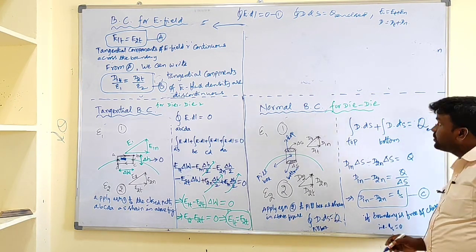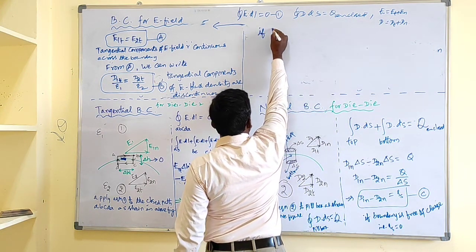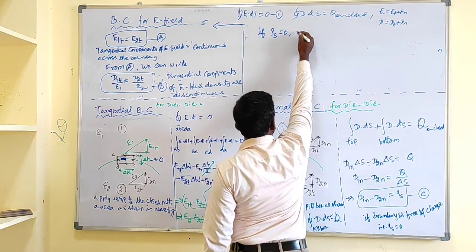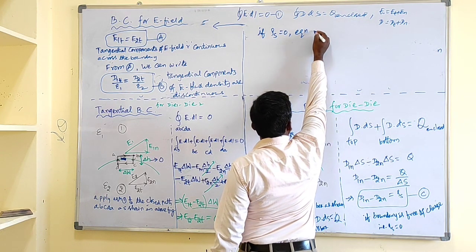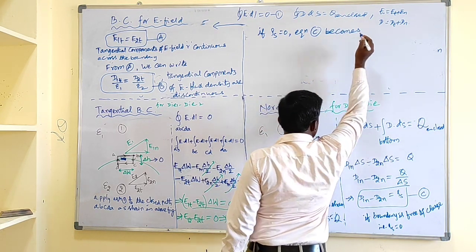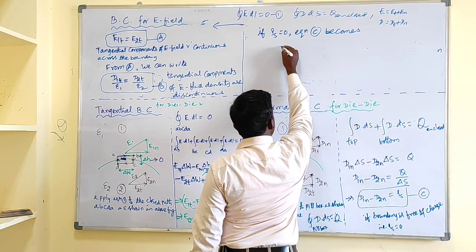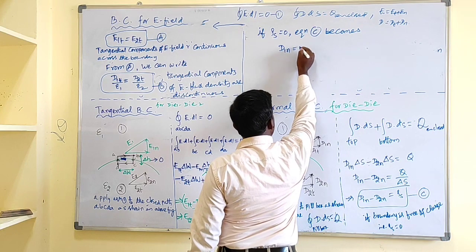If rho s equals 0, equation C becomes D1n equal to D2n.